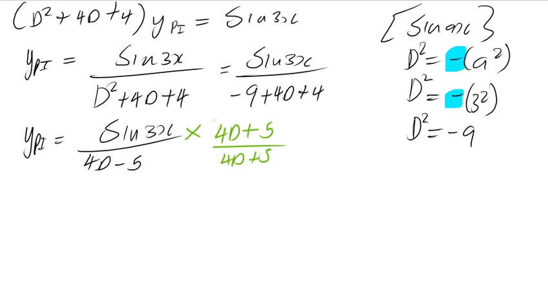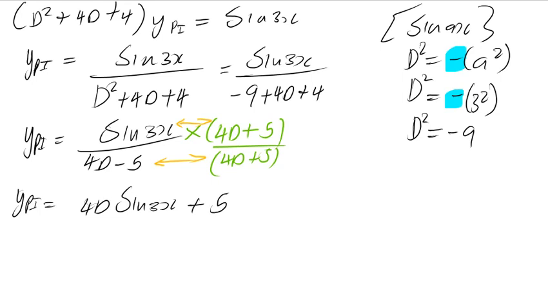I normally put the brackets so that you can see the numerators are multiplying and the denominators are multiplying. So y_PI will be equal to 4D sine 3x plus 5 sine 3x divided by, if you do it quickly, you'll see the middle terms will cancel.